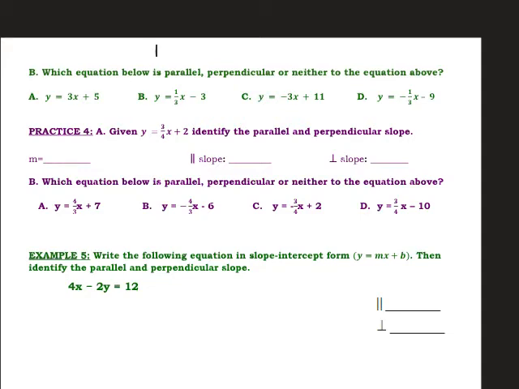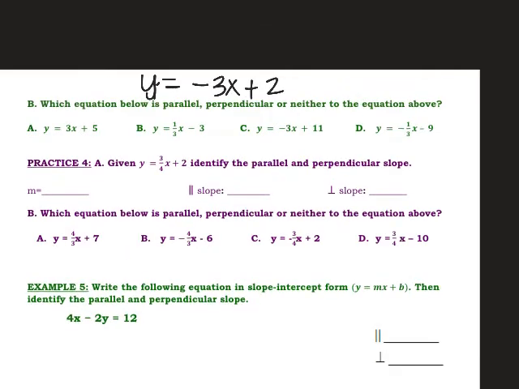So y equals -3x plus 2. There you go. So in comparison to that equation, which one's parallel? Which one is neither? Or which one's perpendicular? Okay, we'll do it together.